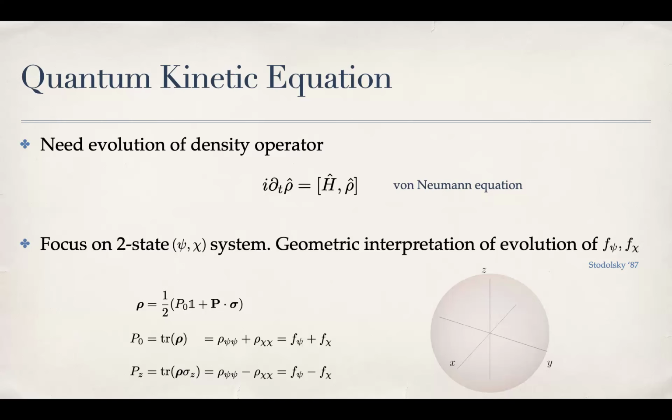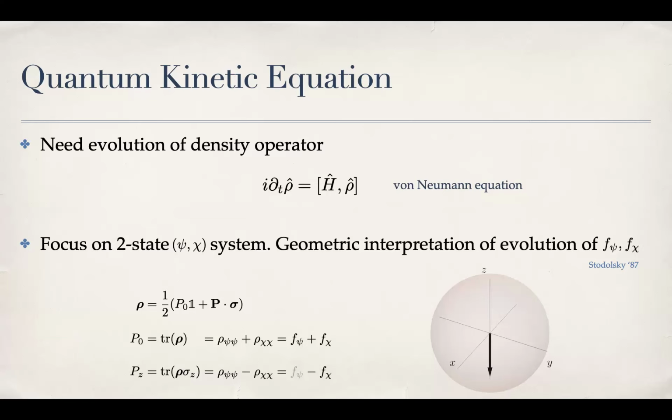That's what this PZ direction tells you. As an example, say your ROMP system starts off entirely as psi's, so you have no chi's to begin with. Your polarization vector PZ points entirely in the Z direction. Alternatively, if your ROMP system is all chi's, your polarization points in the negative Z direction.